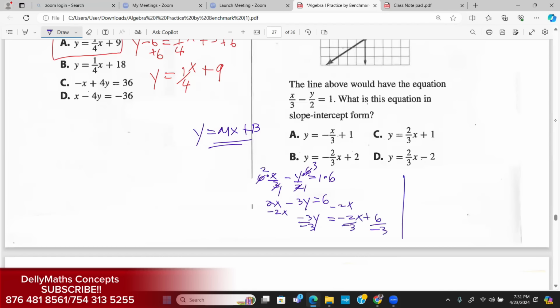When we divide by negative 3, this becomes y, and this becomes positive 2/3 because the two negatives become positive. And then negative 3 into 6 is negative 2. We're looking for y is equal to 2 over 3 x minus 2, and the answer is right here.